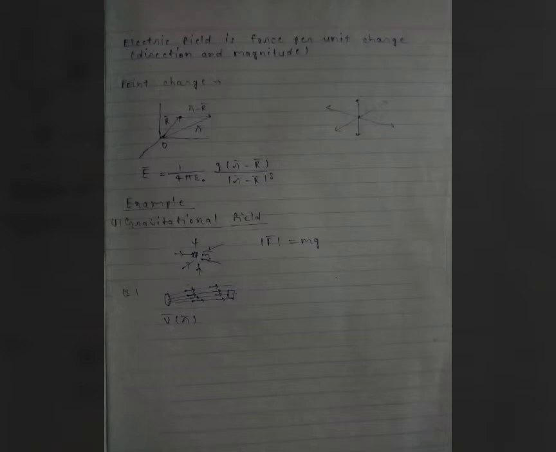I am calculating field at a point R due to this charge distribution here, and due to this small volume here, the electric field at a distance r minus r prime is given by 1 over 4 pi epsilon 0 dV rho r prime over r minus r prime cubed times r minus r prime, and due to this entire charge distribution I just integrate it over. This becomes the electric field by principle of superposition.